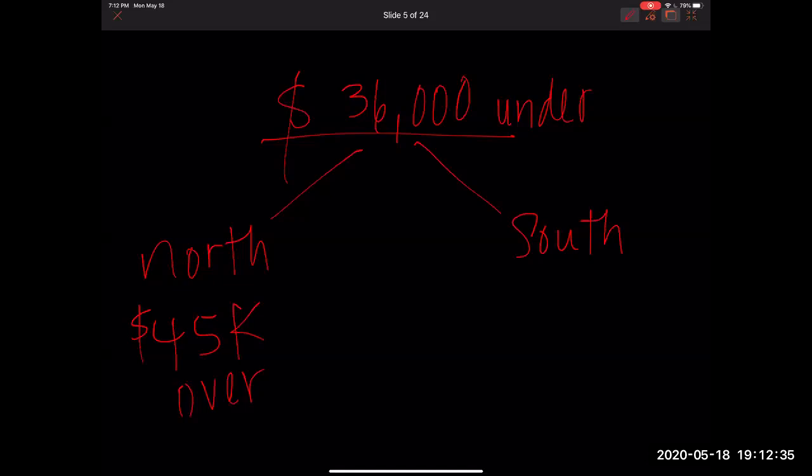Now it's asking us to determine the amount that the south region is over or under budget.